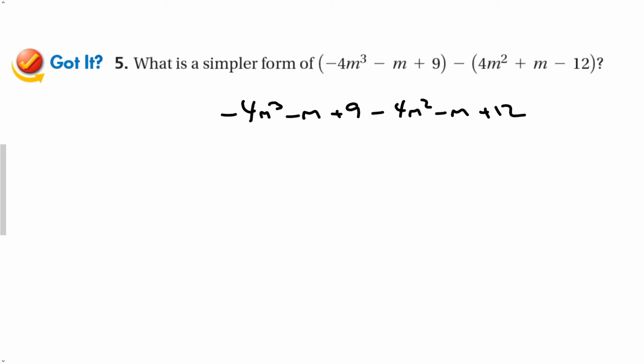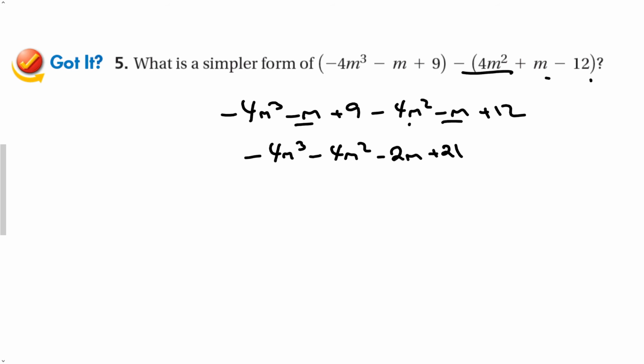Okay, by far the biggest mistake people make with subtraction of polynomials is they only subtract the first thing and not the other two. All right, so there's no other m to the third, so it's 4m to the third. No other m squared, so we got a minus 4m squared. We got a minus m and a minus m, so it's minus 2m. And a 9 and a 12 to give me 21.